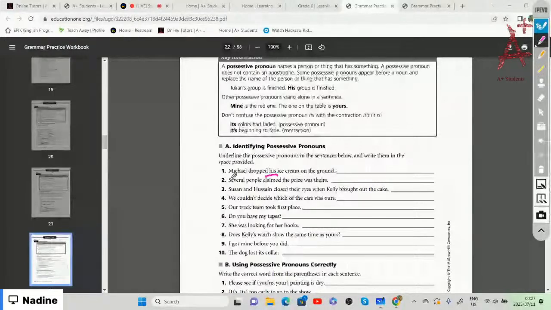Several people claim the prize was theirs. The possessive pronoun within the sentence is theirs. Next: Susan and Hussein closed their eyes when Kelly brought out the cakes.